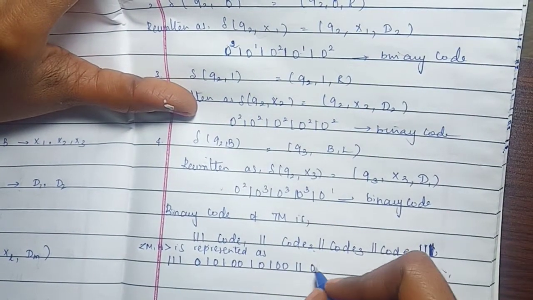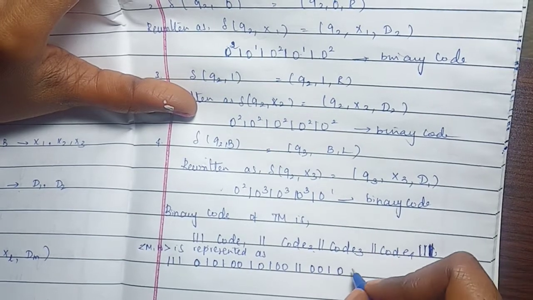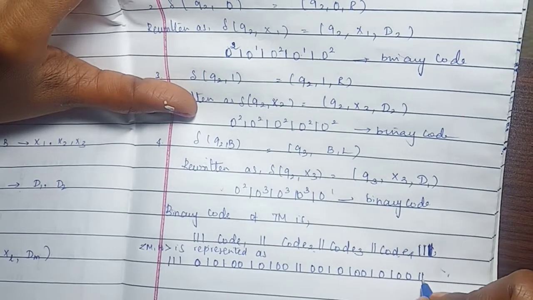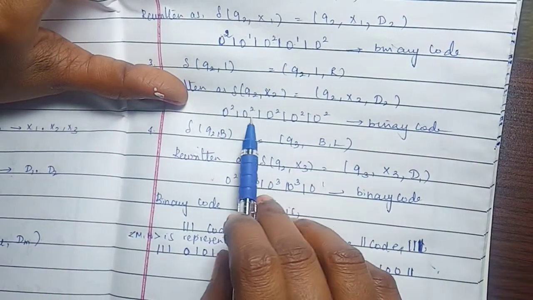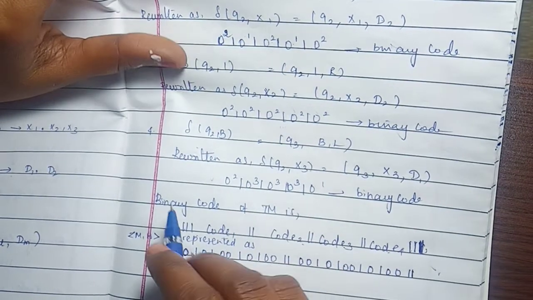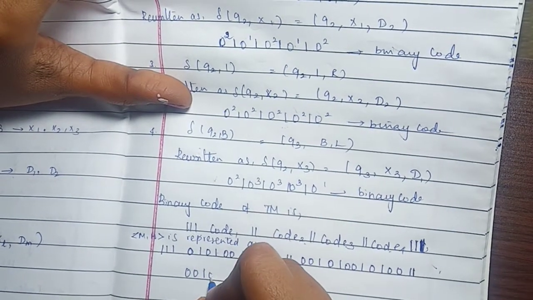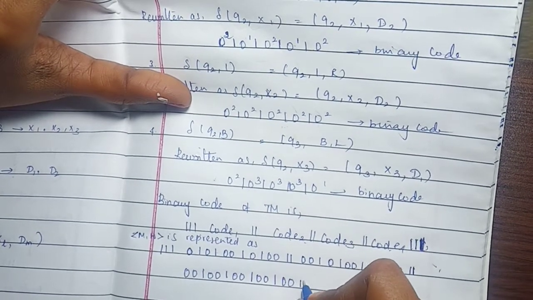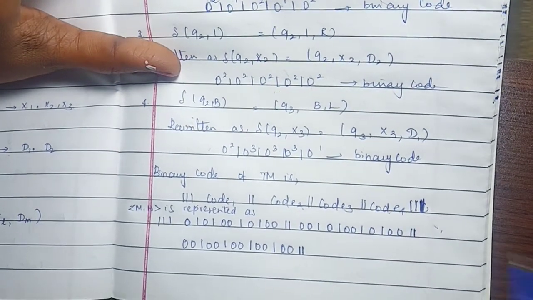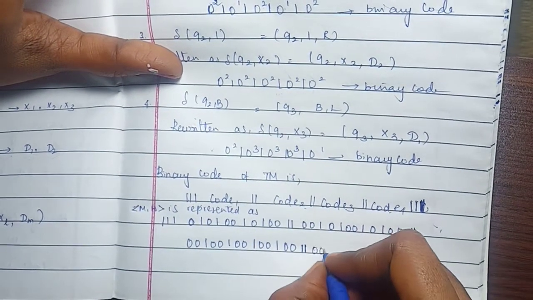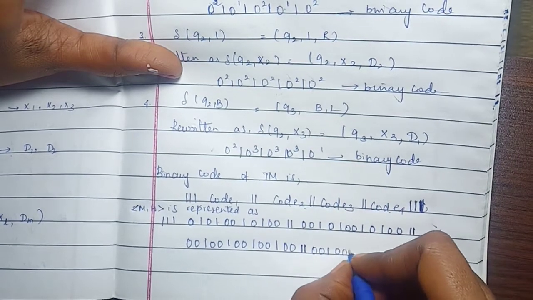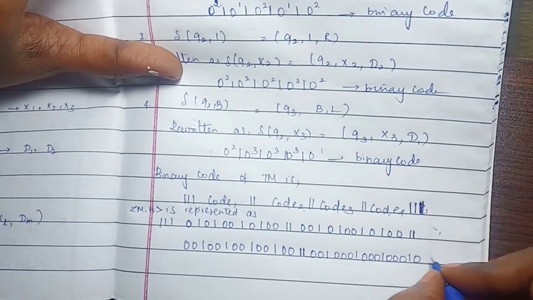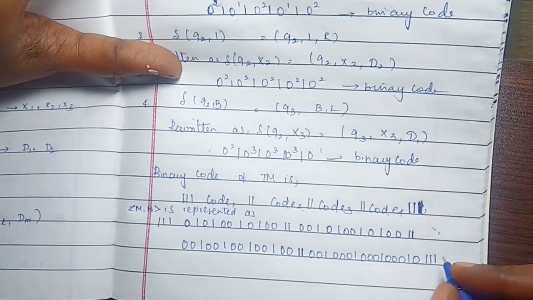You have to write 0, 0, 1, 0, 1, 0, 0, 1, 0, 1, 0, 0, and we'll have a separator, 11. So we'll have this binary code 3. This is 0, 0, 1, 0, 0, 1, 0, 0, 1, 0, 0, 1, 0, 0, followed by this separator, and finally you have this string 0, 0, 1, 0, 0, 1, 0, 0, 1, 0, 0, 1, 0, and we'll have this final 111.